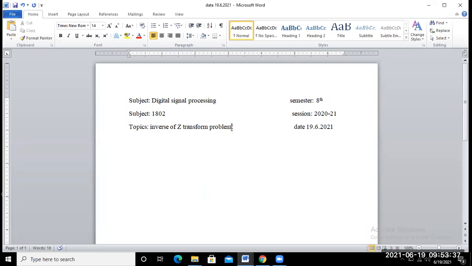Inverse Z transform by binomial expansion method.